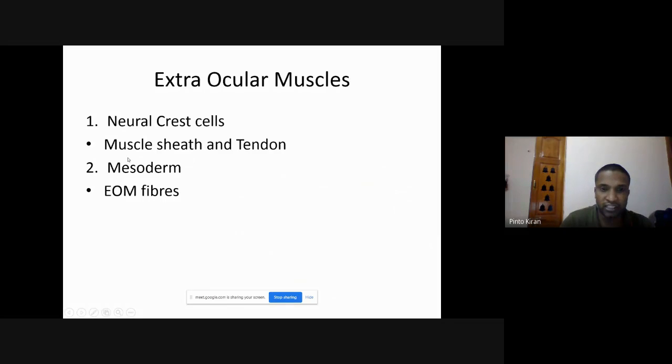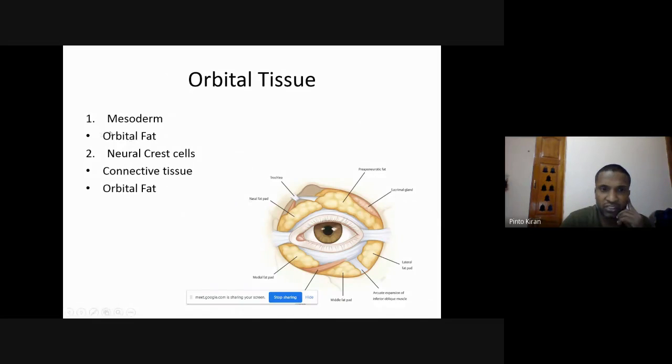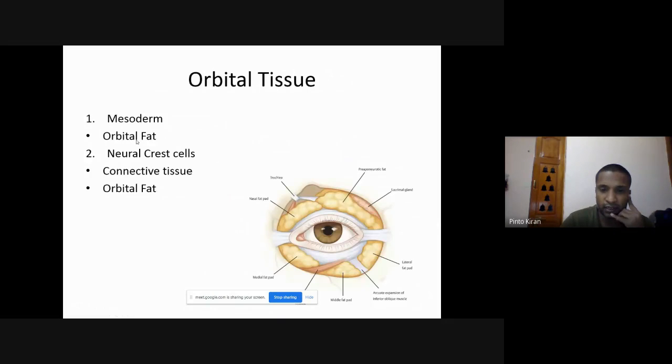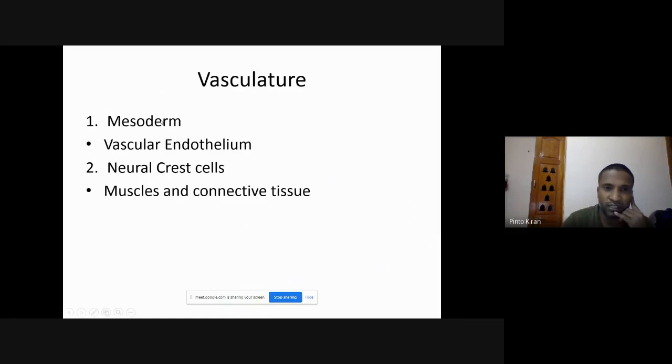Similarly, if you compare with the orbital fat, adipocytes arise from the mesoderm, and the connective tissue and the rest of the fat arise from the neural crest cells. Just compare the muscles with the orbital fat. Almost similar.